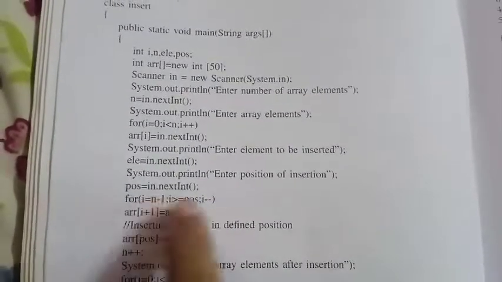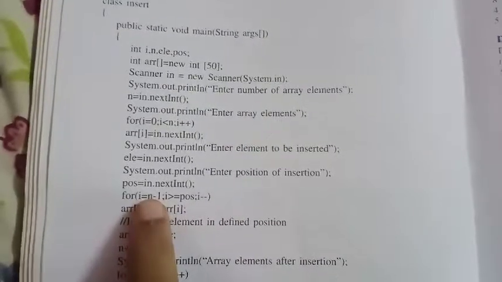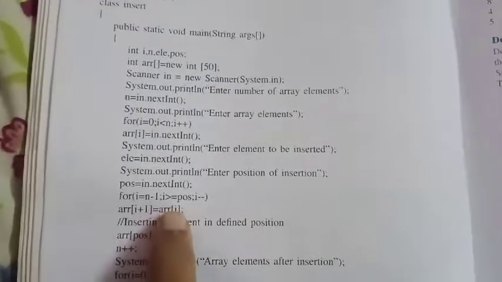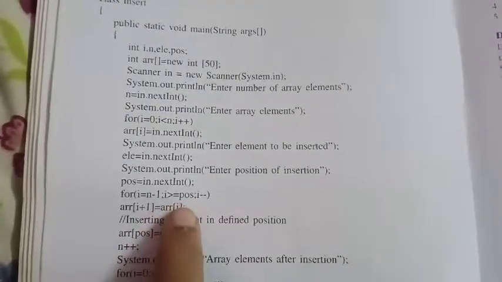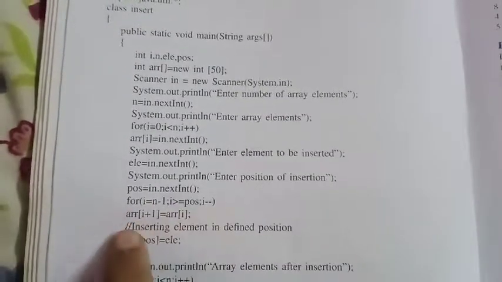Next it will go i minus minus, so now i will be 3. The element in the third position will go to the 4th position. Like that it will keep going.